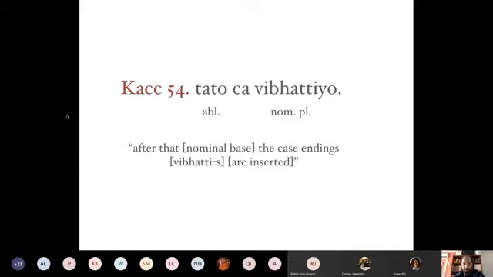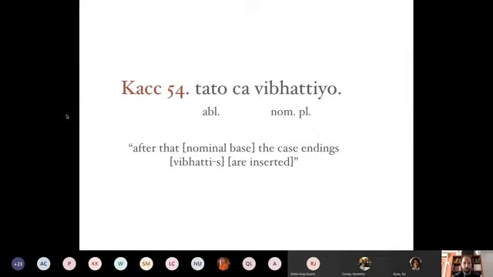So here, tato means after that, we can obviate the cha, and vipattiyo is a nominative plural. That means that after that, the case endings are added. So far, we cannot understand much from this rule, but that's what we would get. We need other rules to intervene in order to go on with the operation.